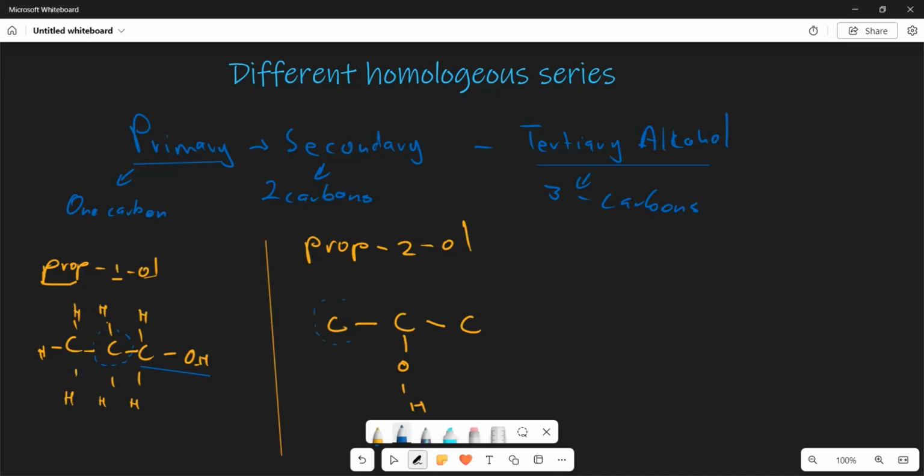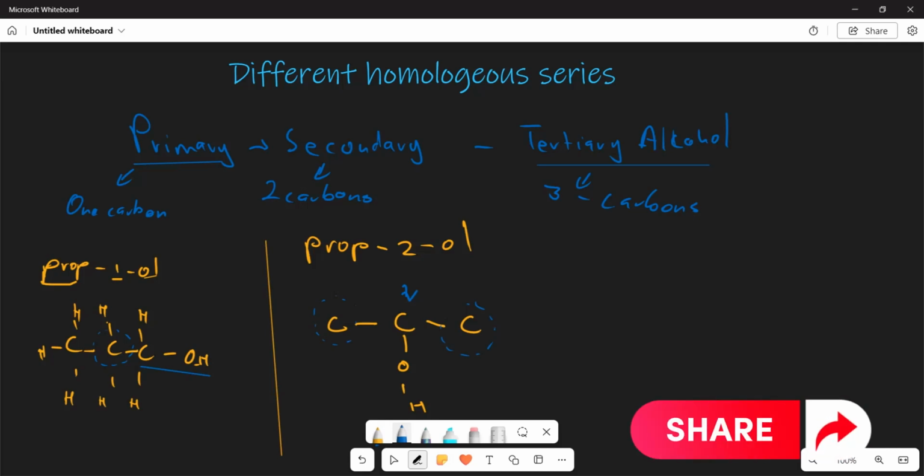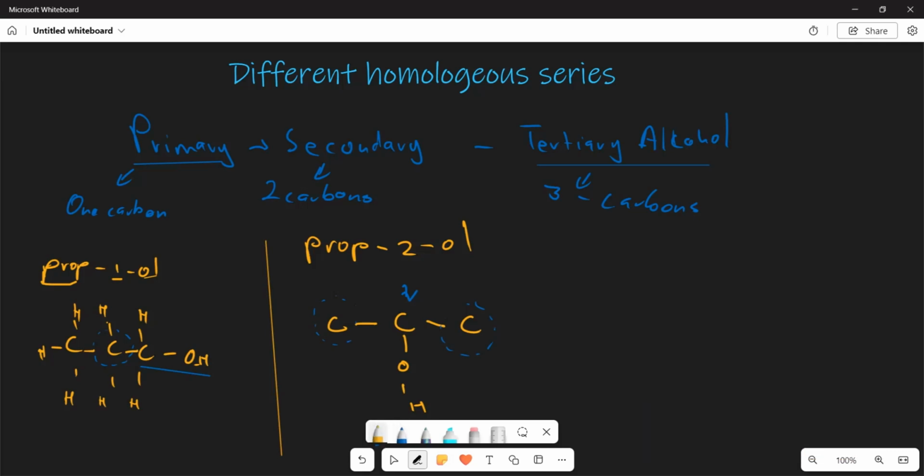This is carbon number 1 and this is carbon number 2, right? So this particular carbon that is bonded with an OH is also bonded with the other two carbons. Obviously the other two carbons can bond with anything else, but that is the significance of your secondary alcohol, right? This is going to be your secondary alcohol. And this is the structural formula for our secondary alcohol.